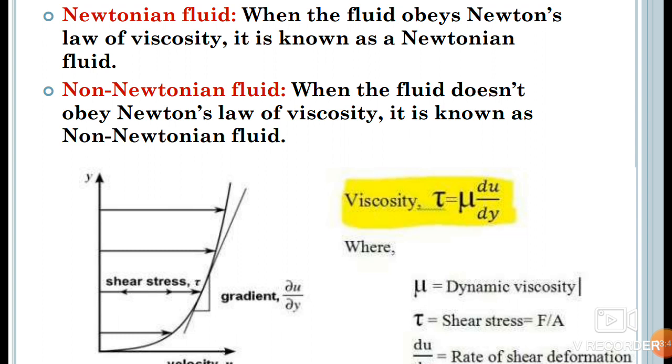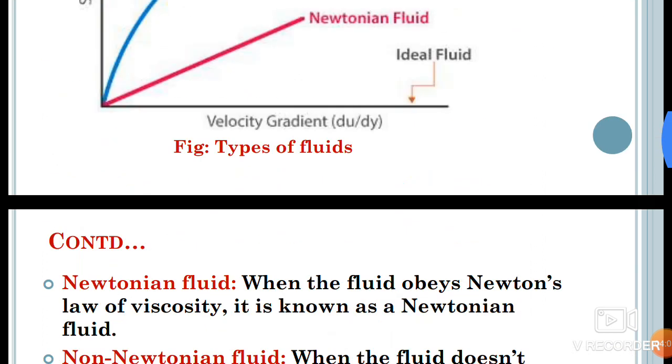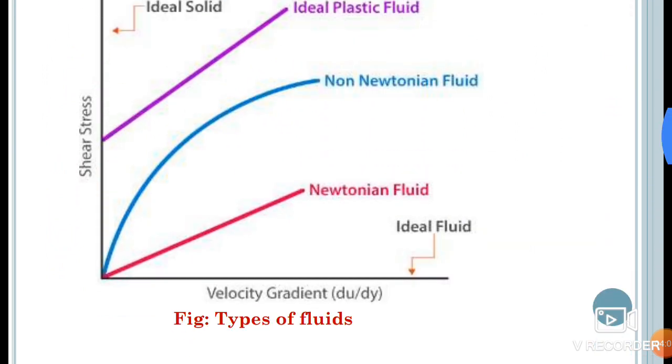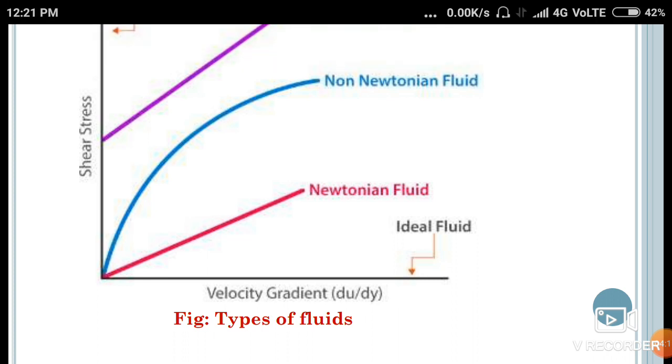Whichever fluid is obeying this law is known as a Newtonian fluid. And fluids which do not obey this law are known as non-Newtonian fluids. In this figure you can see when the shear stress is directly proportional to velocity gradient or rate of deformation, those fluids are given as a straight line, and are known as Newtonian fluids.